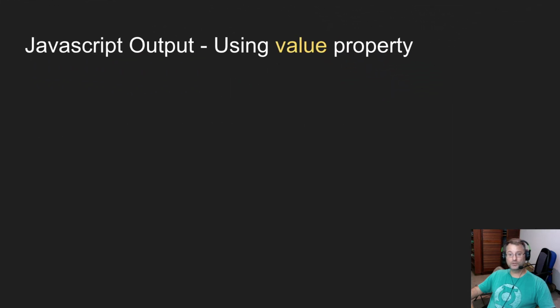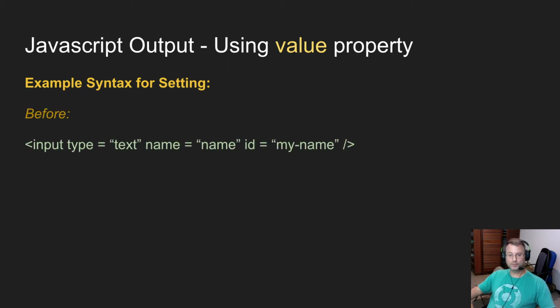Now, to use the value property, this is a very simple way to set it. You would have input type, which is text, the name attribute, which here says the name is name, and the ID is my name, right? So we're going to run a script.